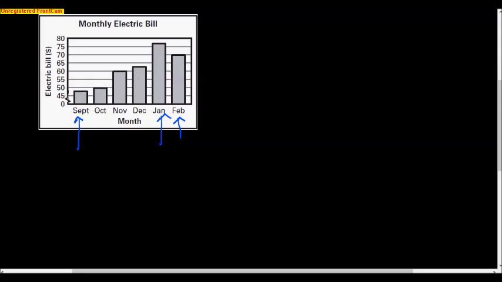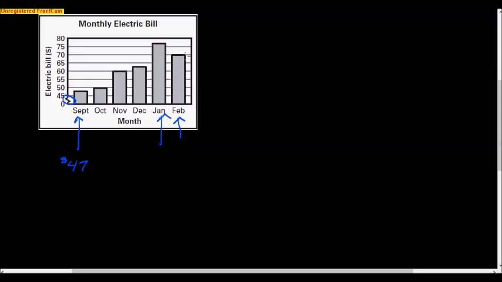But the broken vertical axis here, all right, this exaggerates the differences in the bar lengths. For example, if you look at February, it looks like it's about 3 times the height of this one over here, okay? But if you actually look at the numbers, that is about $47, say, for September, okay?